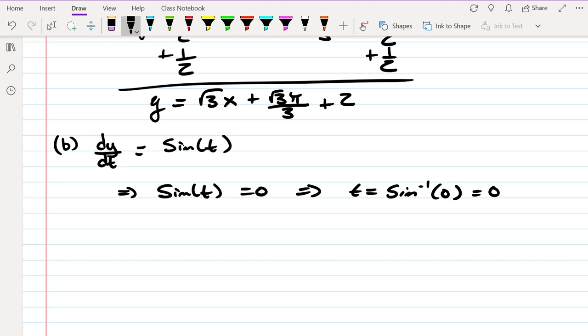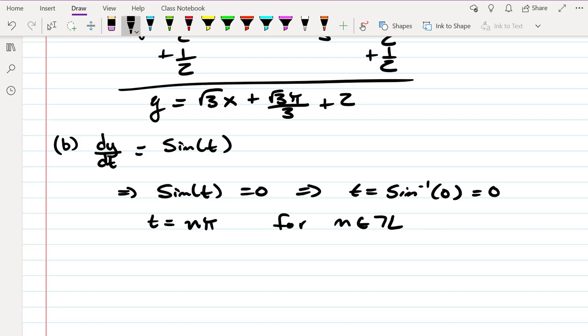So we have it 0 at 0 and it's 0 at pi, and then every 2 pi units thereafter. So at first glance, we may believe that t is equal to n pi for n in the set of integers. So all of the multiples of pi.